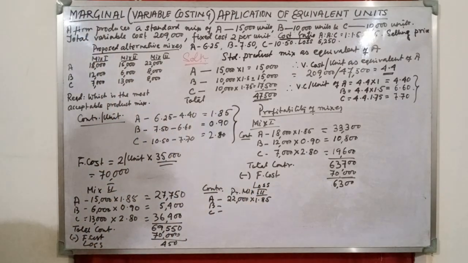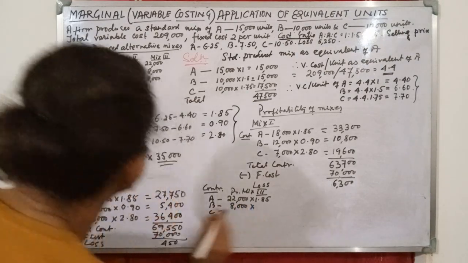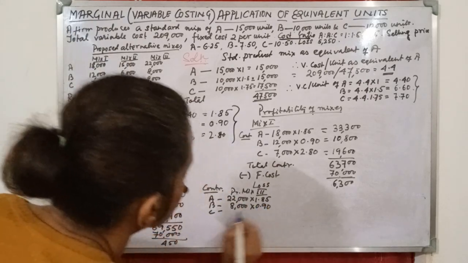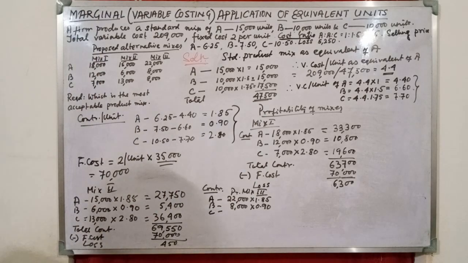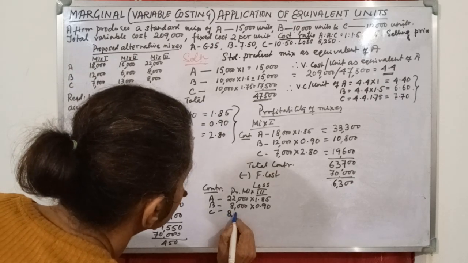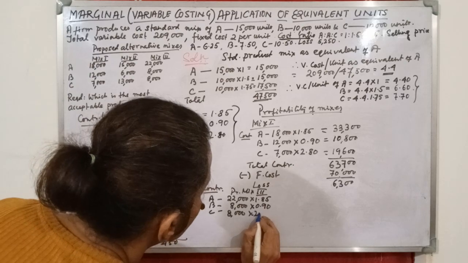Total contribution of B in product mix 3 is 8,000 into 0.90, and total contribution of product C in product mix 3 is 8,000 into 2.80.